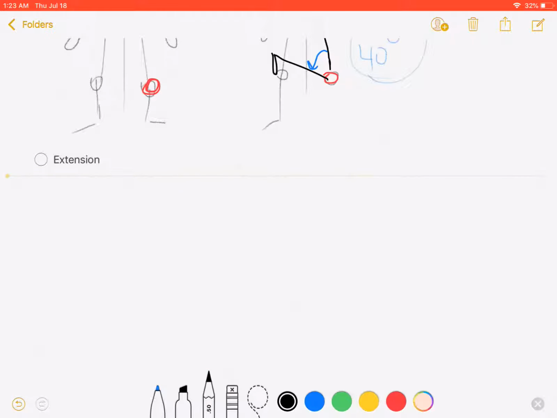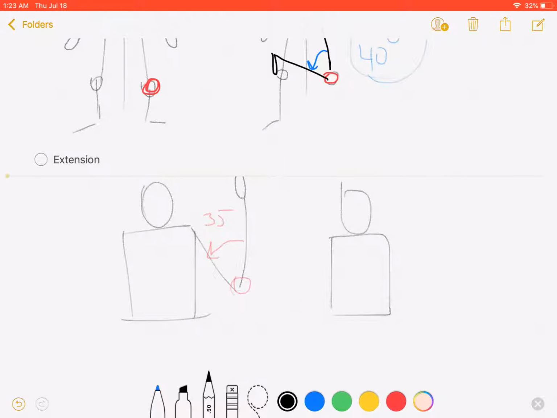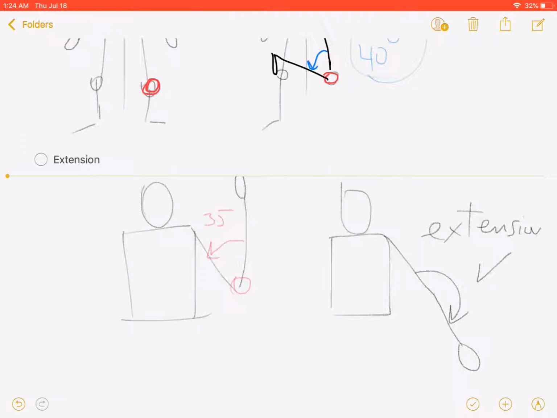If this is your torso, this is your head, and it's already flexed, and this is that elbow right there, and we're looking at this angle, about 35 degrees. Here it was flexed, and now here we extended it. So that's that.